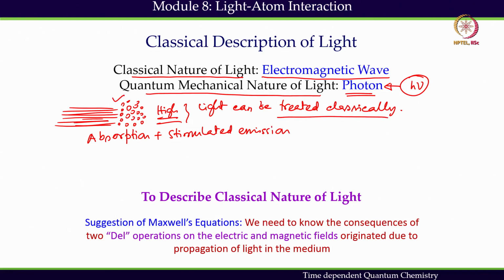But for spontaneous emission, only one photon can be emitted, and as a result the photon density remains very low.